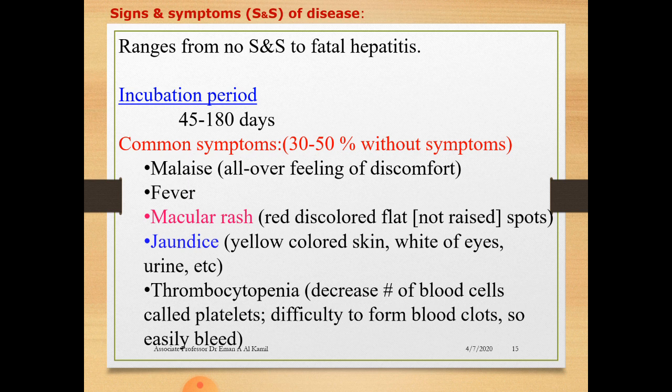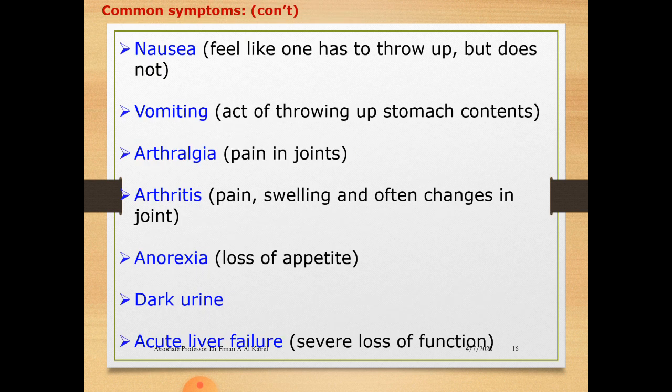The others may present with malaise, fever, macular rash, jaundice, thrombocytopenia, that means a reduction in the number of platelets leading to bleeding tendency, nausea, vomiting, arthralgia, arthritis, anorexia, dark urine due to bilirubin, and acute liver failure.